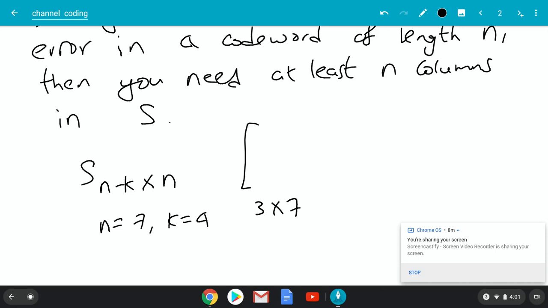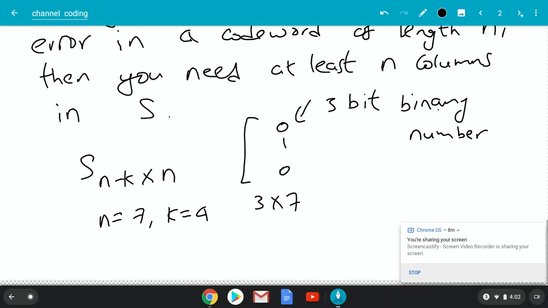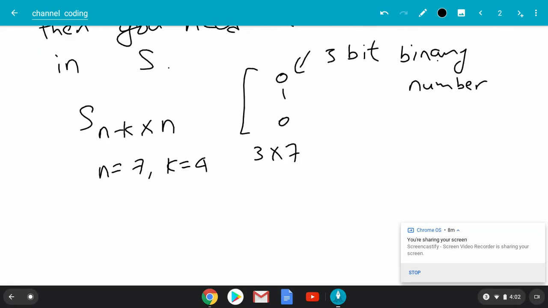That means each column in S is a binary number, let's say 0, 1, 0, for example. This is a 3-bit binary number. That means each column in S is a 3-bit binary number, that means n minus k bit binary number.